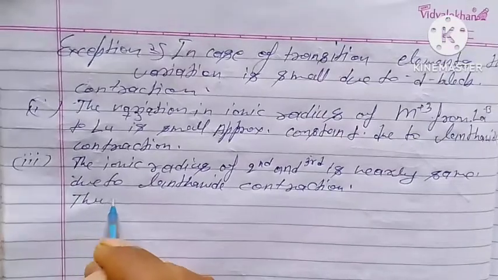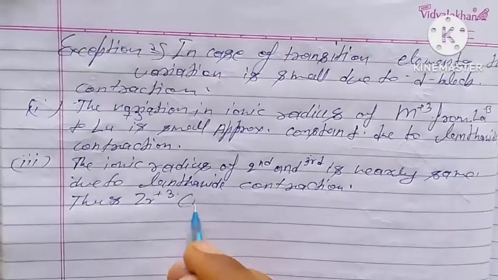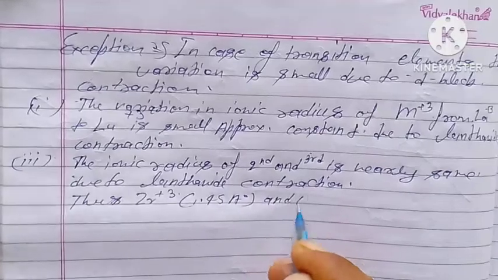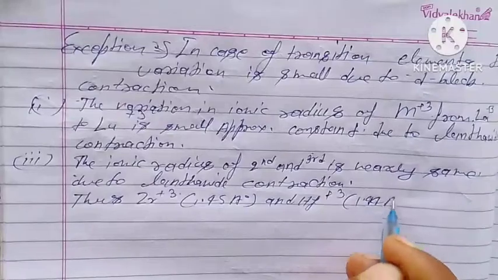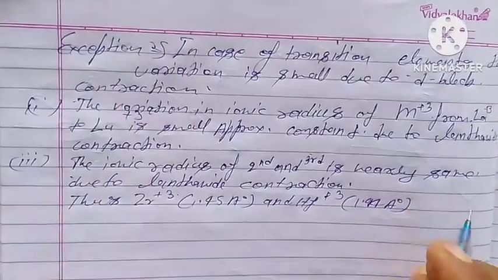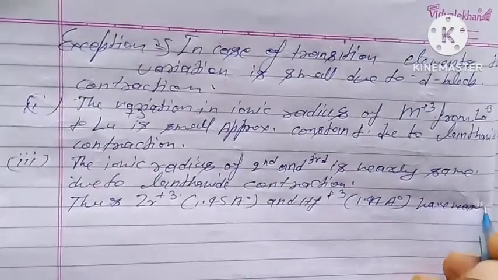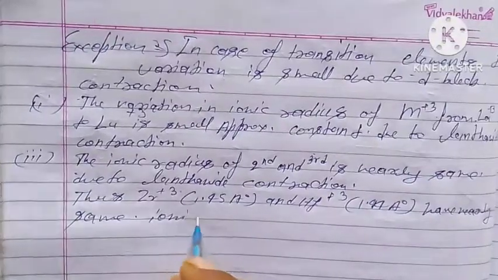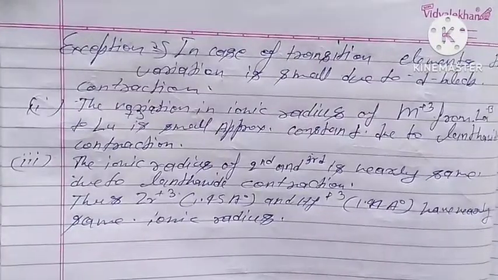Thus zirconium plus 3, 1.45 angstrom, and hafnium plus 3, 1.44 angstrom, have nearly the same ionic radius. Radius of isoelectronic species.